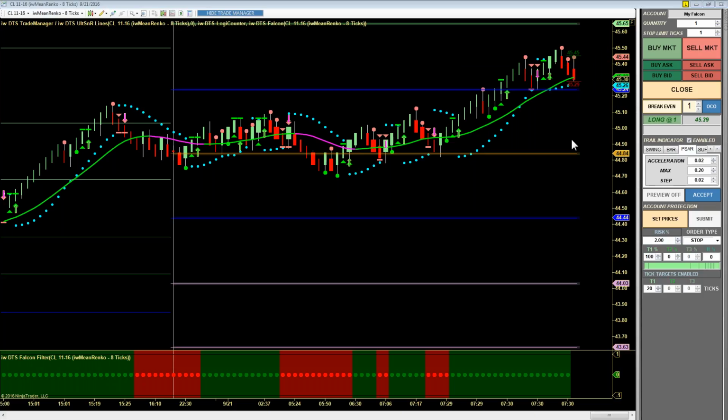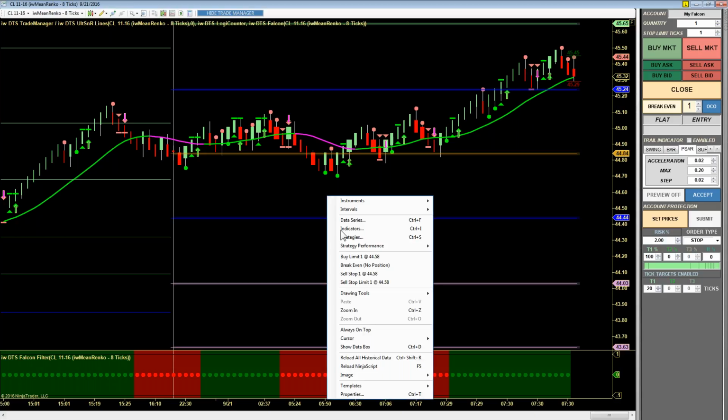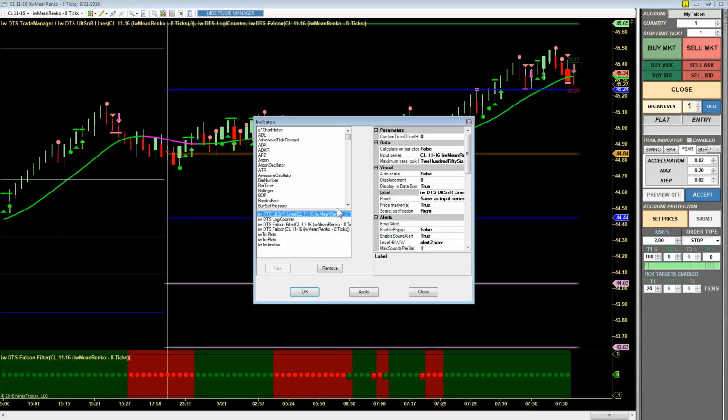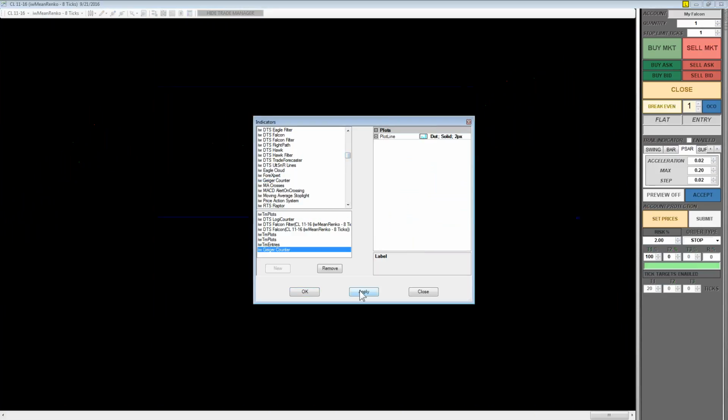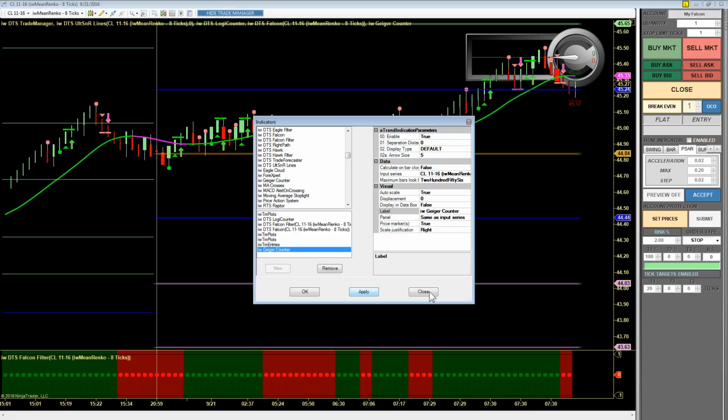It's actually a rather subdued open for the crude inventory report. Not nearly as violent as we've seen at times. I was mentioning the Geiger counter. Here we are. It's another one of these add-ons.